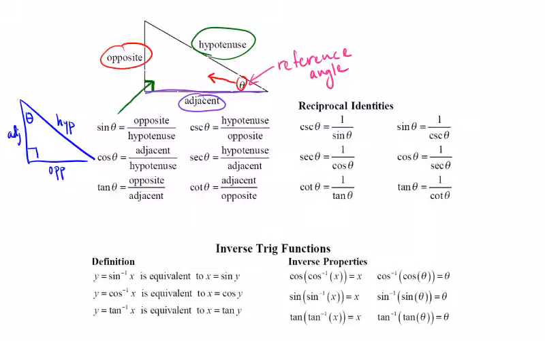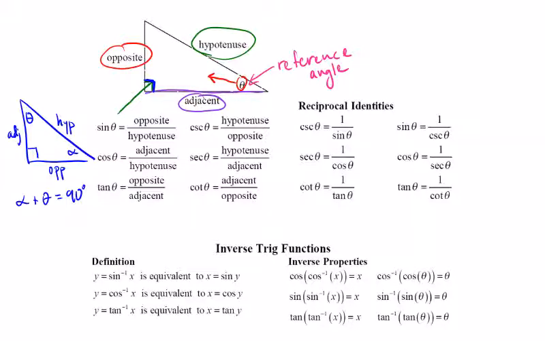Now, real quickly, we know that the sum of the measures of the angles in a triangle is 180 degrees. If this is 90 right here, then these two angles have to add up to 90 in order to make 180 degrees. So one thing we know about these angles, let's call this one alpha, is that alpha plus theta equals 90.